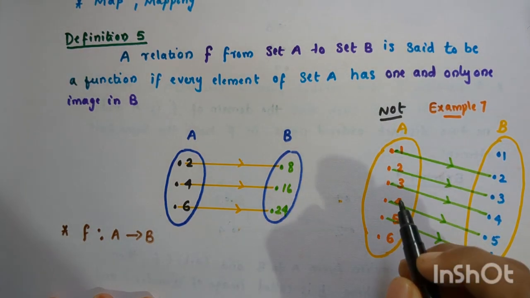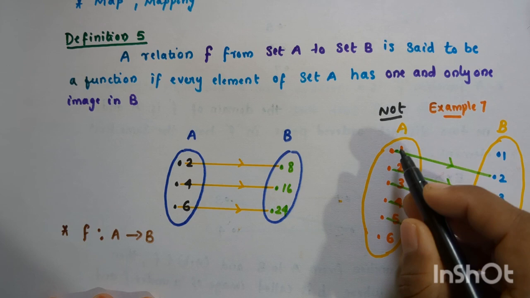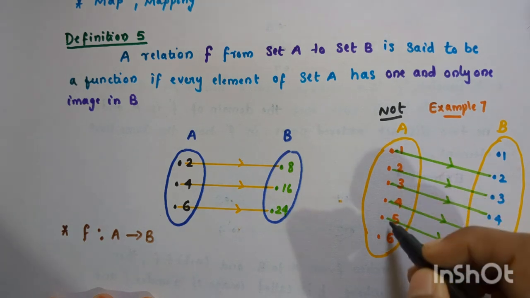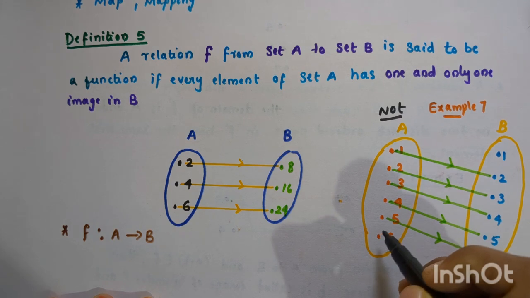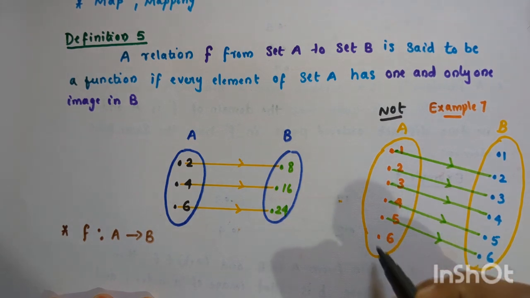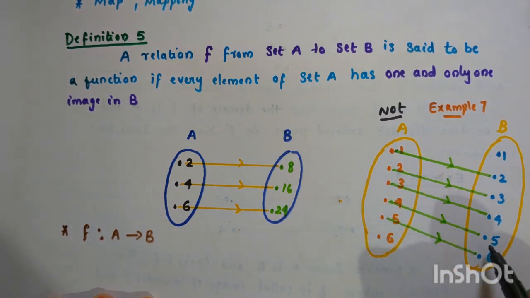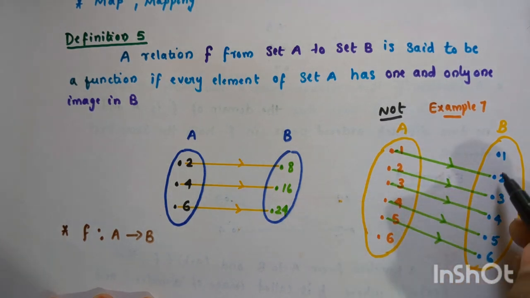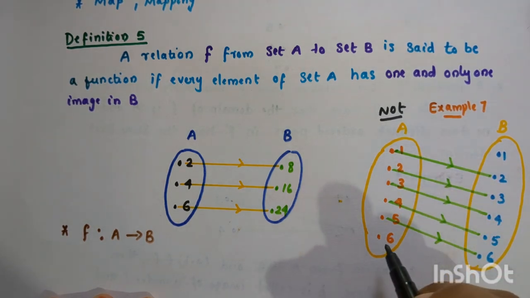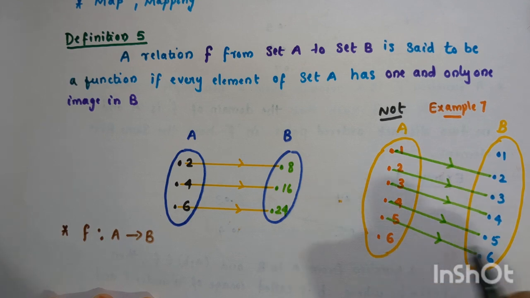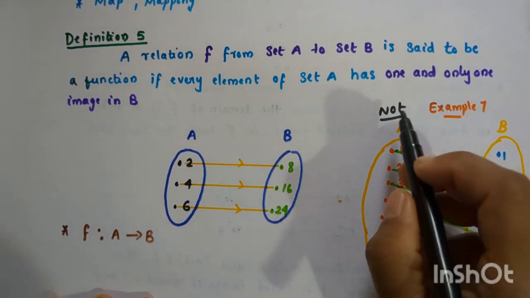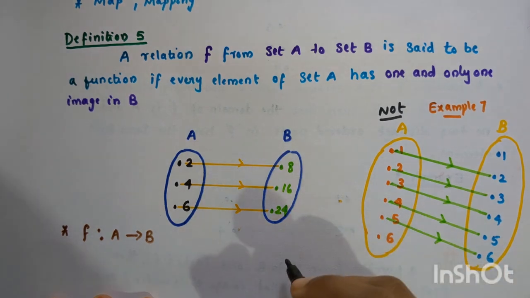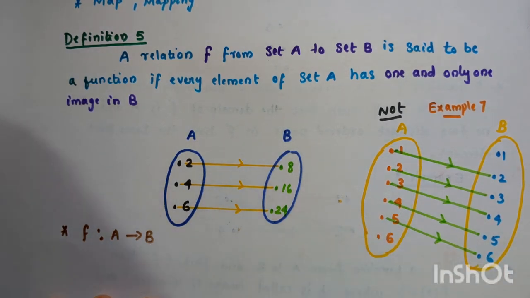Because for a relation to be a function, every element of set A should have an image. Here the element 6 has no image in set B. All the other elements in set A have an image in set B, but the element 6 in set A has no image in set B. So, this relation is not a function.